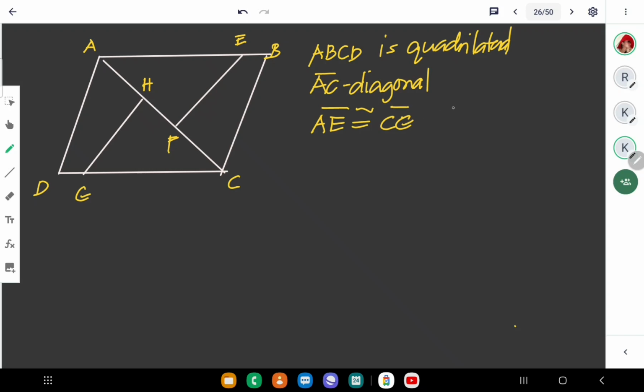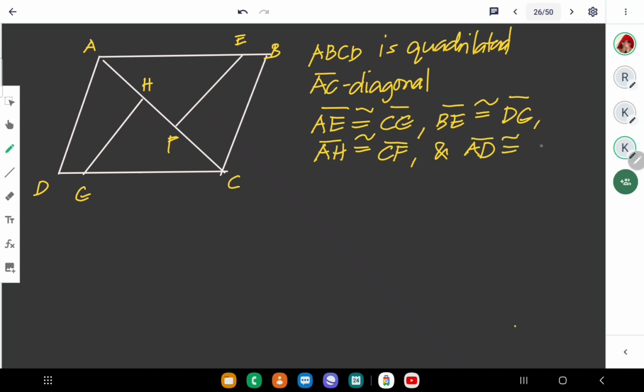Where is CG? There. Okay. And then segment BE is congruent to segment DG. And then segment AH is congruent to segment CF. And segment AD is congruent to segment BC.